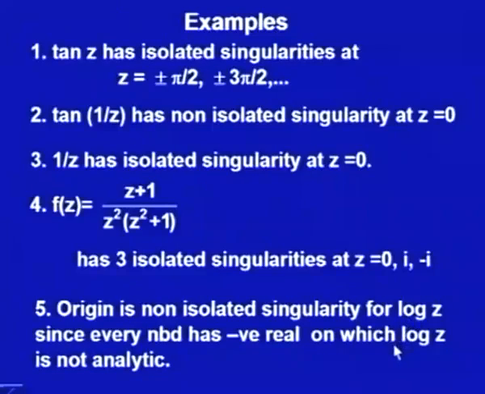So log z is not analytic over there. What it says is, since every neighborhood of the origin will contain some negative reals for which log z is not analytic, the origin is a non-isolated singularity. That is, every neighborhood of 0 will contain some points at which log z is not analytic. This isolated singularity has some importance, we would find out a little later.